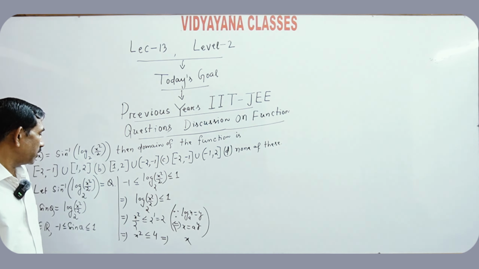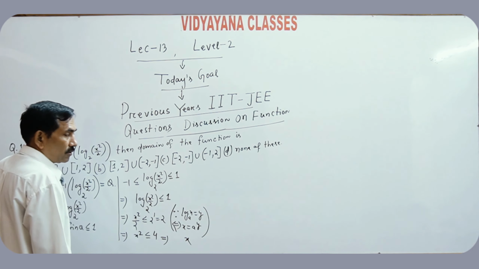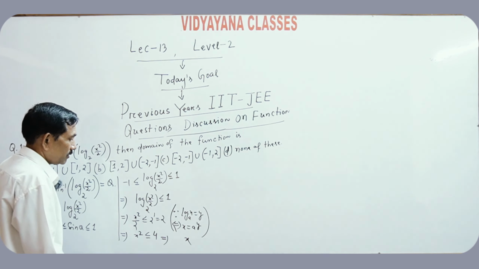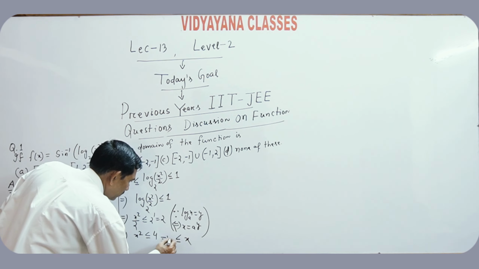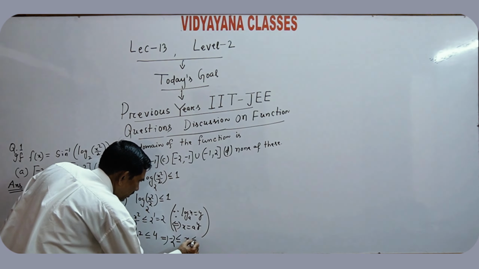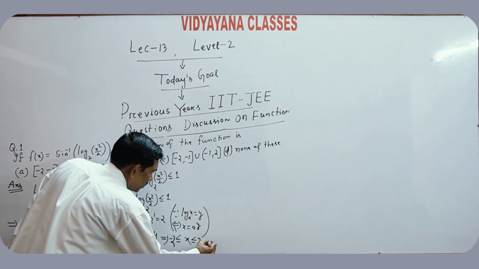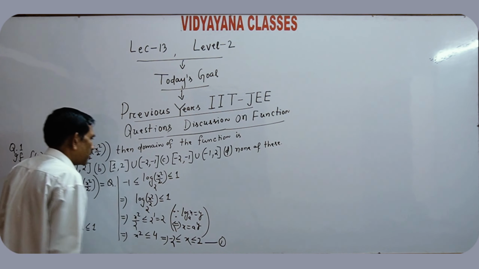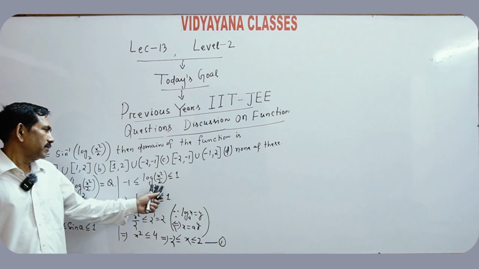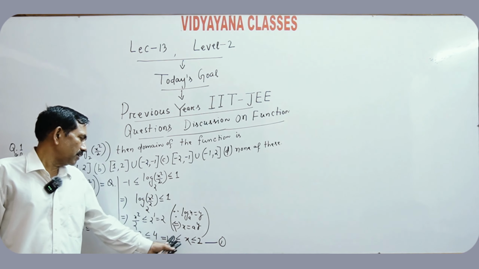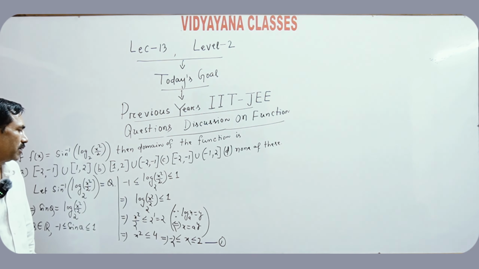What are the values of x? x is greater than or equal to minus 2 and less than or equal to 2. It is the first condition. From this part, we get x greater than or equal to minus 2 and less than or equal to 2.